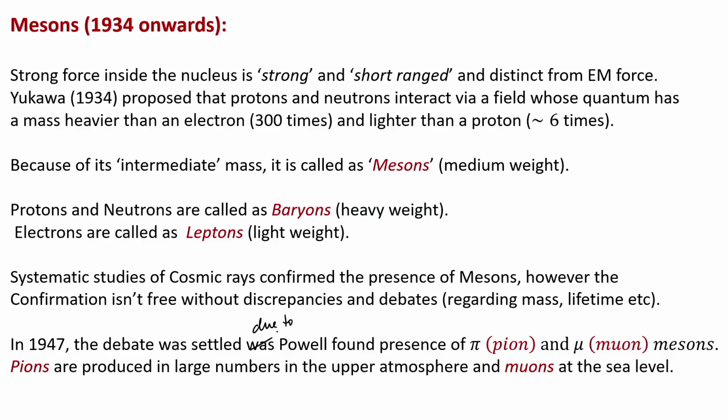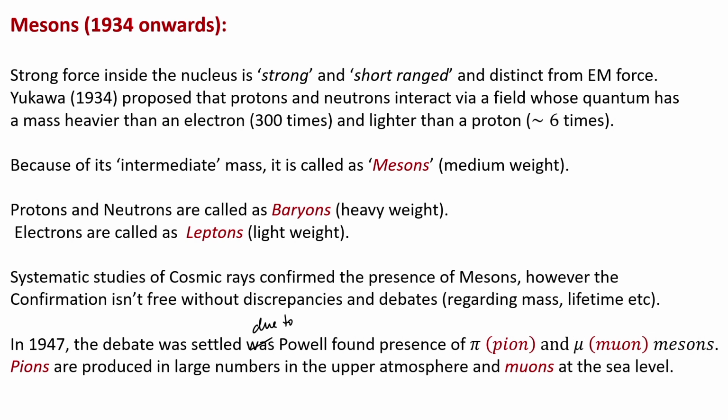But the confirmation came with a lot of disputes and debates, such as the mass of the mesons and lifetime, etc. And in 1947, several years after its proposal and discovery in various experiments, which I have neglected here, the debate was settled by Powell, who found the presence of pion and muon, which are called pi mesons and mu mesons.